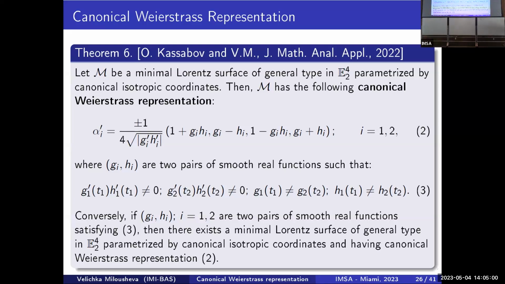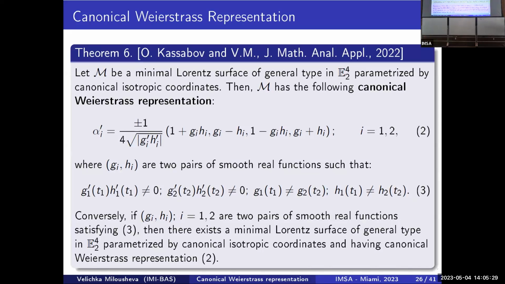If M is a minimal Lorentz surface of general type, parameterized by canonical isotropic coordinates, then M has the following canonical Weierstrass representation, given here by number 2, where G1, G2, H1, H2 are smooth functions satisfying some conditions here for non-degeneracy of the curves.